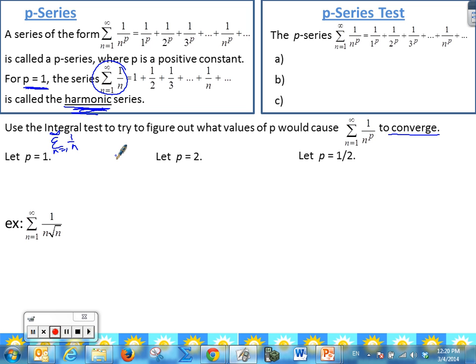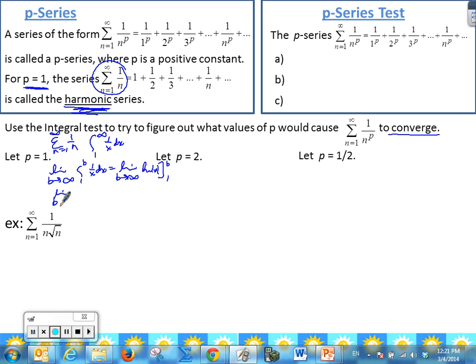The integral test tells us to do the integral from 1 to infinity of 1 over x dx. So we set it up: the limit as b goes to infinity of the integral from 1 to b of 1 over x dx. The integral of 1 over x is ln x, evaluated from 1 to b.